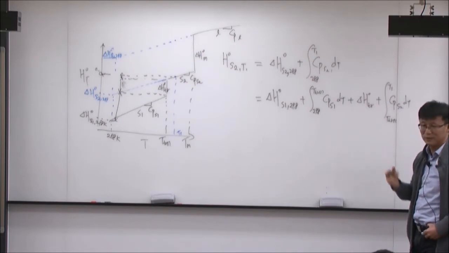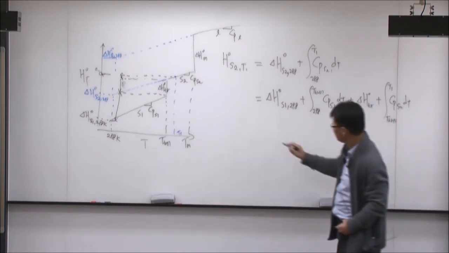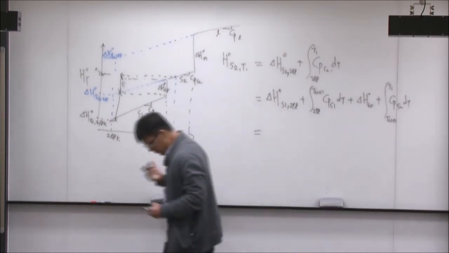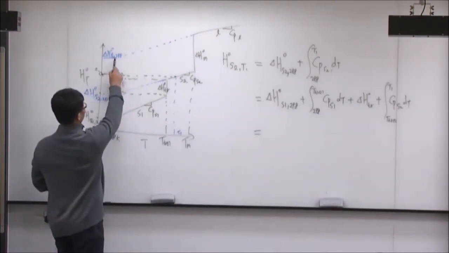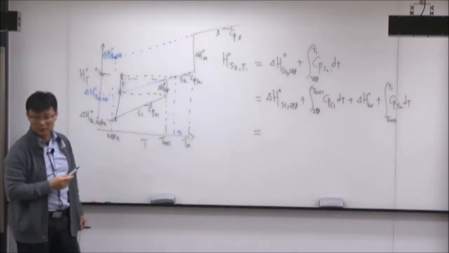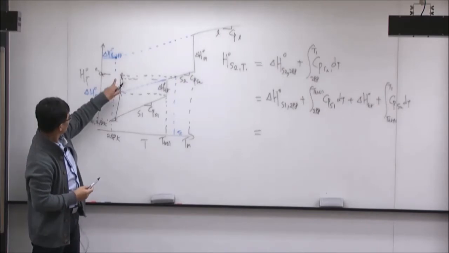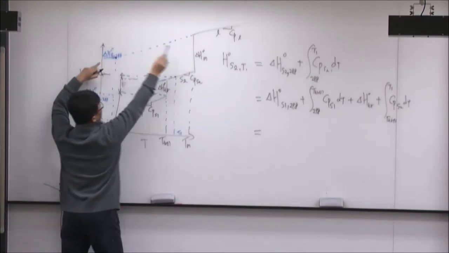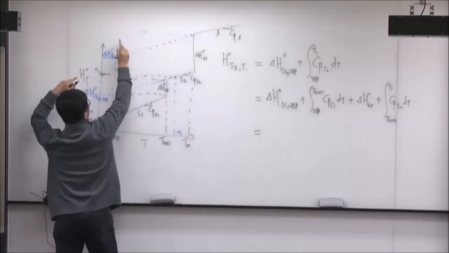Now I will show you a very interesting third way. For some reason, let's assume I know this value. I know this value. Okay? So this value here, I can calculate this one up to this one.